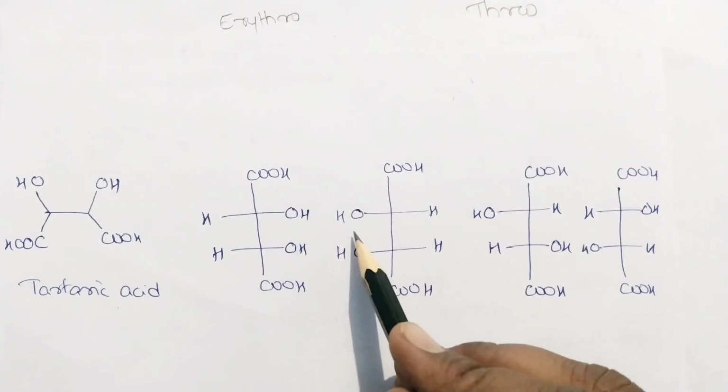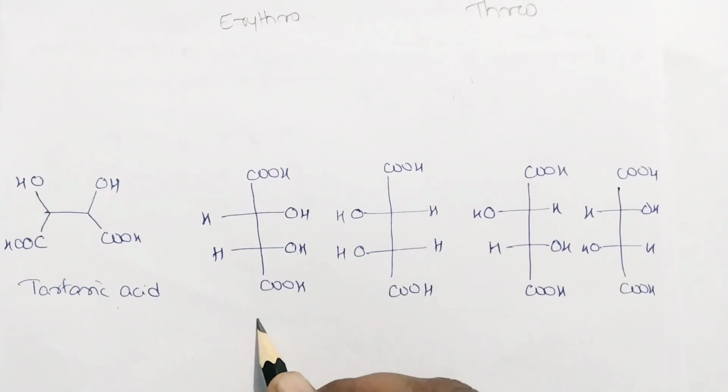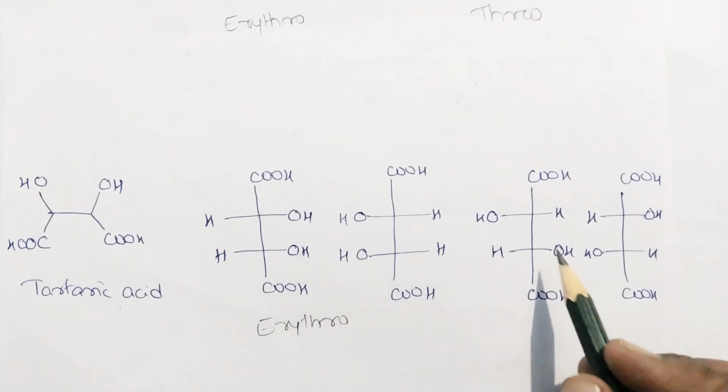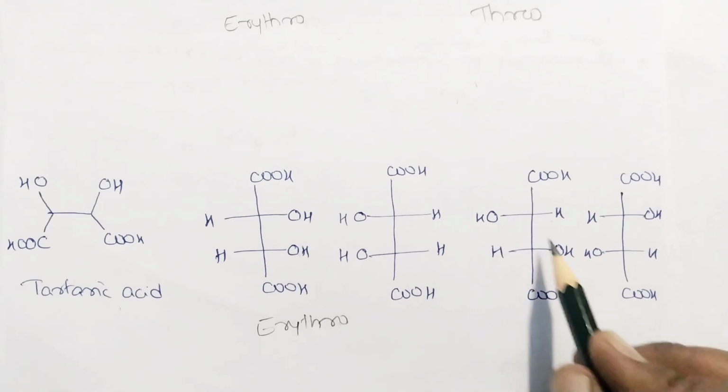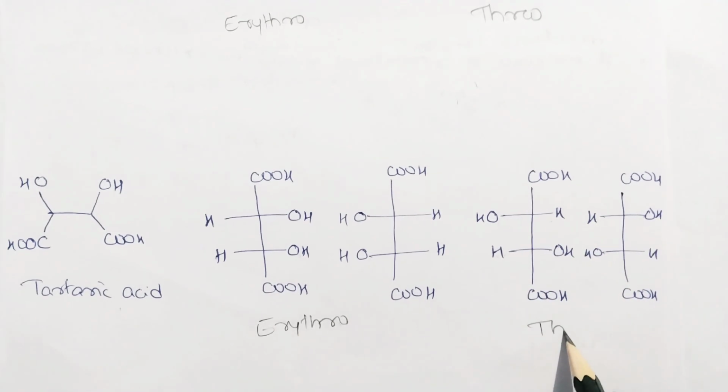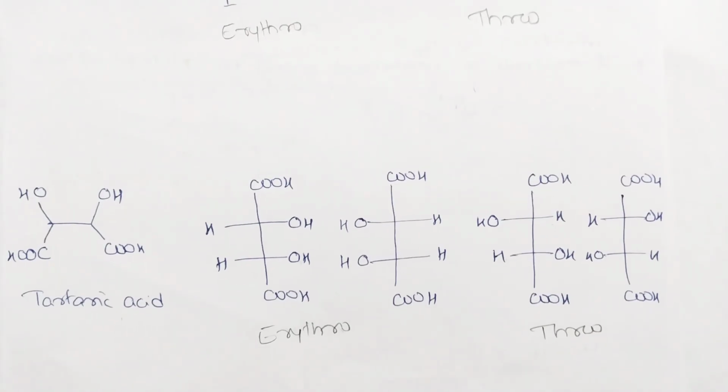OH on the same side, here also OH on the same side, hence this is Erythro. Hydrogen and OH are on opposite sides, here also OH on the opposite side, hence this is Threo. Like this we have to give the prefix for compounds having two chiral carbons.